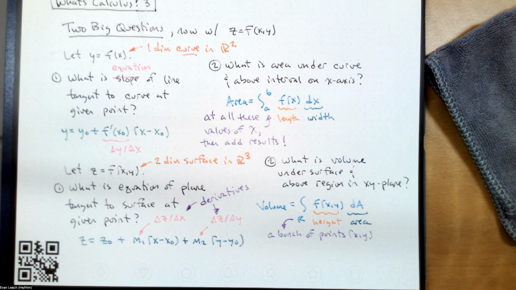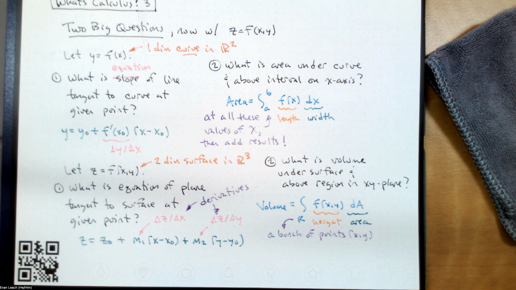Any questions? So what we want carried forward today, first of all, is the overall impression that we're just doing the same stuff with more variables. I want you to upgrade area under a curve to volume under a surface. I want you to recognize that under a curve, we have an interval, which is easy to describe.